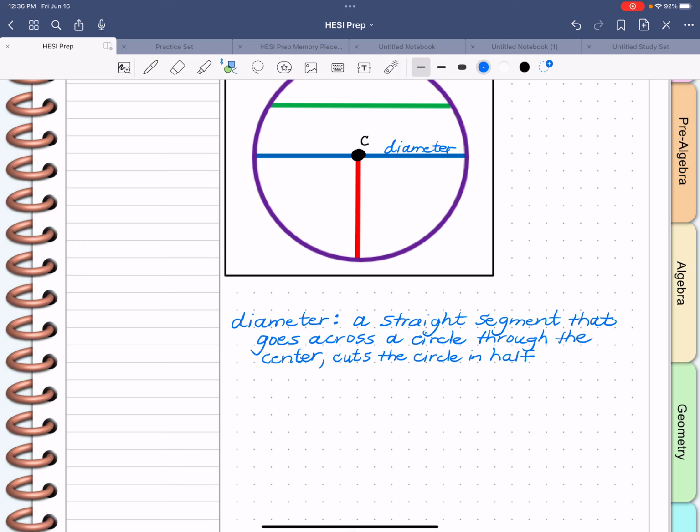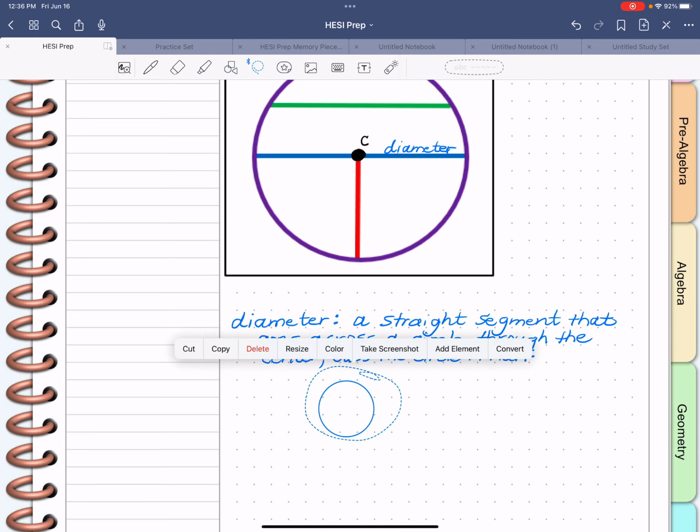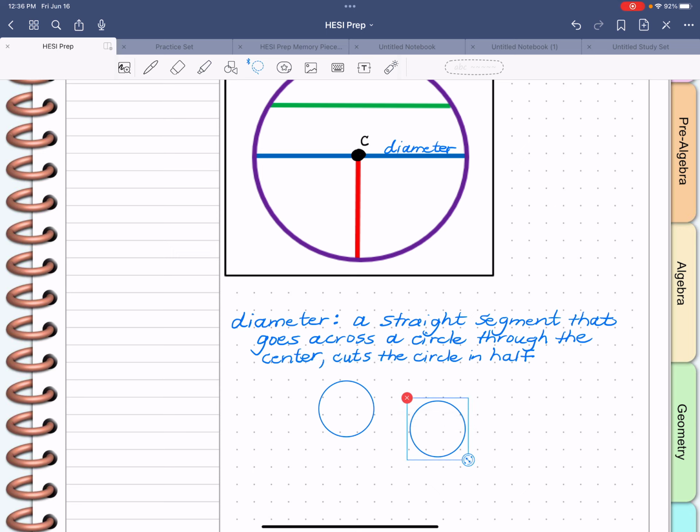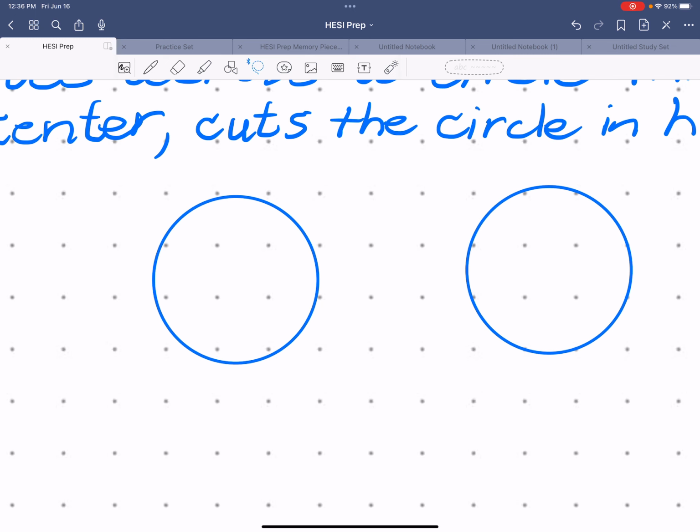For example, let's do two circles. We'll just make them both the same, so we know they're exactly the same. I love circles. Okay, a diameter, let's show the center. This is pretty important, that the center is a point. The diameter must pass through that point.